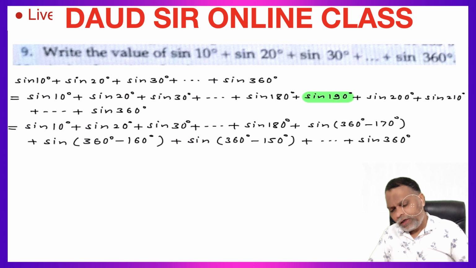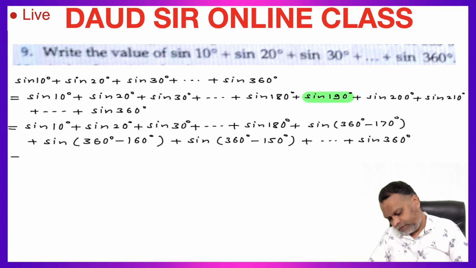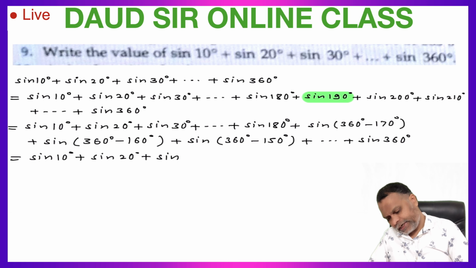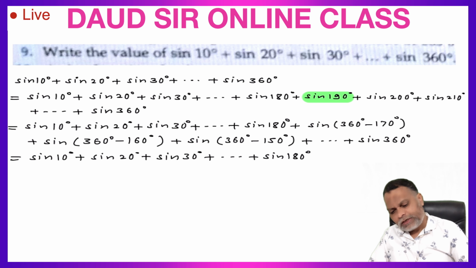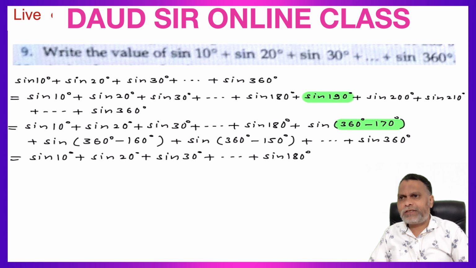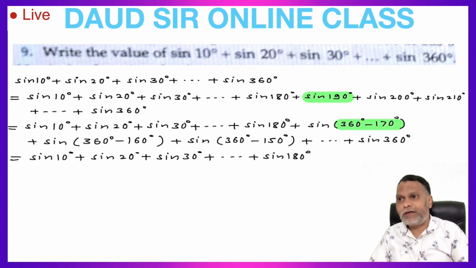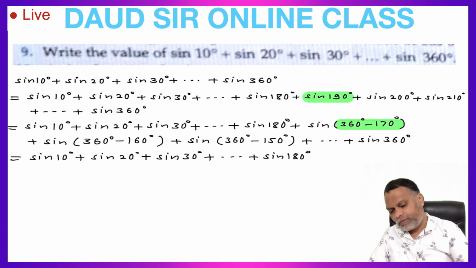So here, this is equal to sine 10 degree plus sine 20 degree plus sine 30 degree plus up to dot dot plus sine 180 degree, and this sine 360 minus theta. 360 minus theta lies in the fourth quadrant. In the fourth quadrant, cos is positive, this is sine, so minus sine.